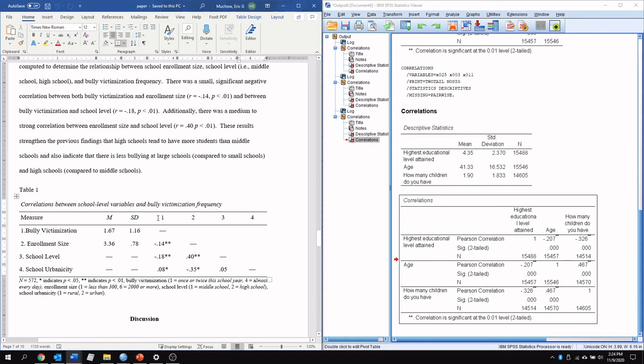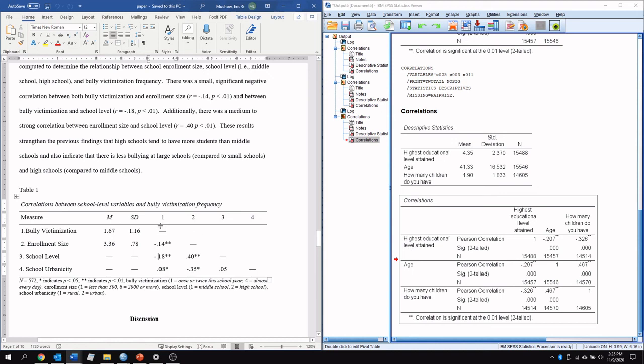We have bully victimization represented by a 1 in the column, a 2 for enrollment size over here, school level represented by the 3, school urbanicity represented by the 4. And you can also see that we don't have any numbers on the right side of this diagonal, because they would just be the same values mirrored over here.